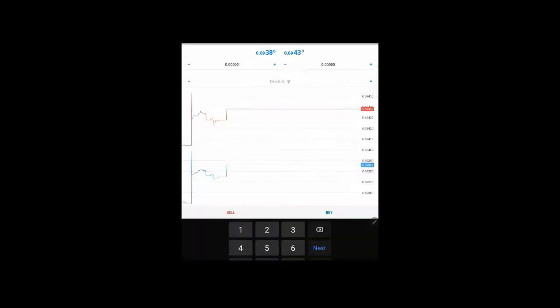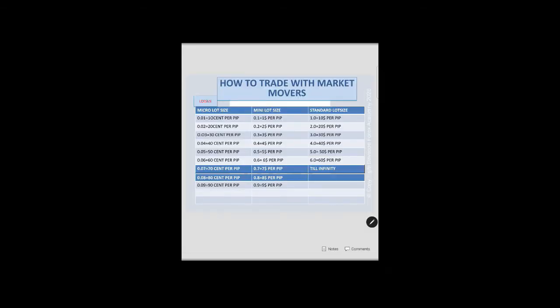Okay, now if I go back to my MT4 and I put in 0.03, that's what I want to use and trade. So meaning for each pip I make 30 cents, or for each pip I lose 30 cents. If I use 0.03, which is 30 cents, times the 21 pips I intend to make, 30 times 21, I will have 630.